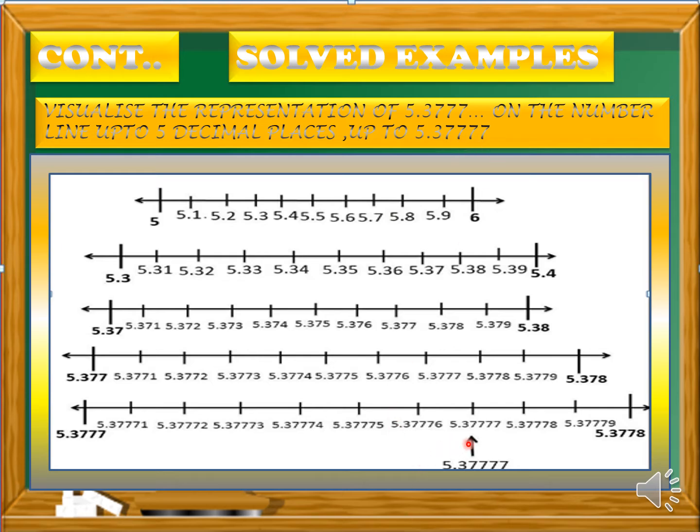So here you can see 5.3777, and we have also represented it on the number line. As they have asked only to find till 5 decimal places, we have just completed here and we have got the answer and represented it on the number line. So we have completed the solved examples before exercise 1.4.